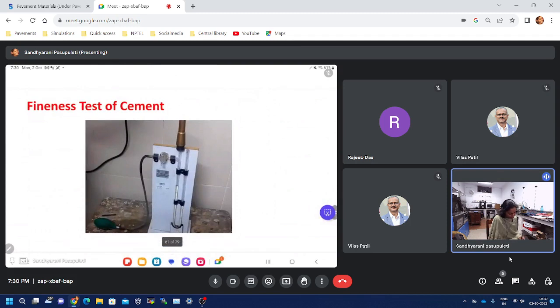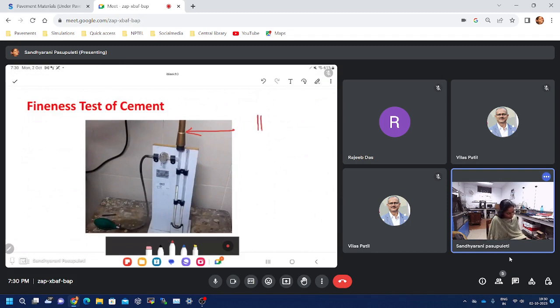So if you could see here the apparatus. Here this is a plunger. Inside this usually we will keep our fine material and filter paper and also the porous disc. And here if you see, this is a manometer, this is the atmospheric pressure, and here there will be 2 marks.